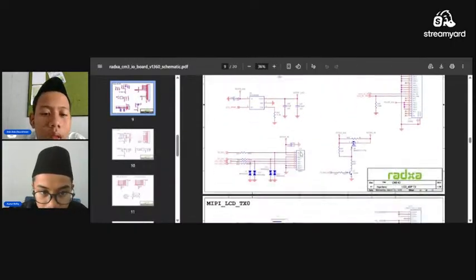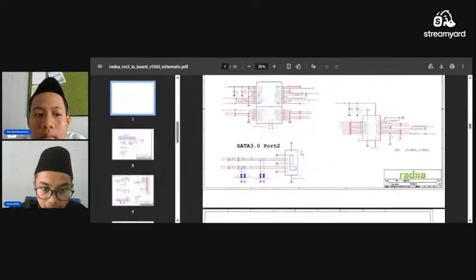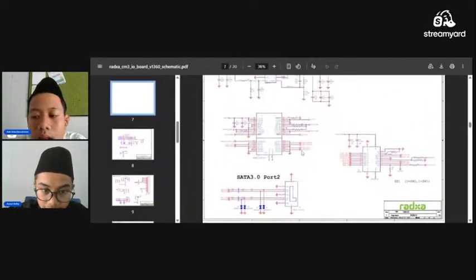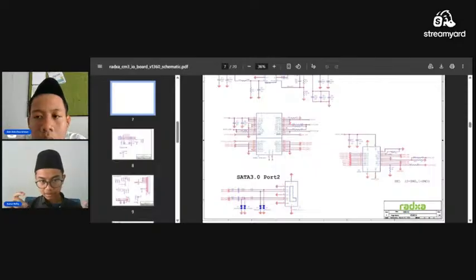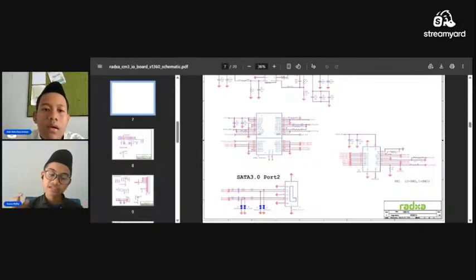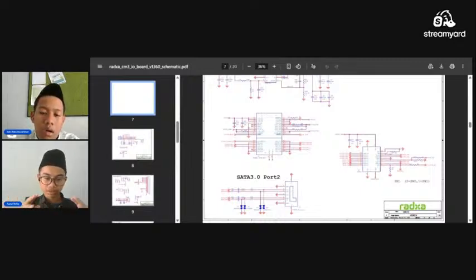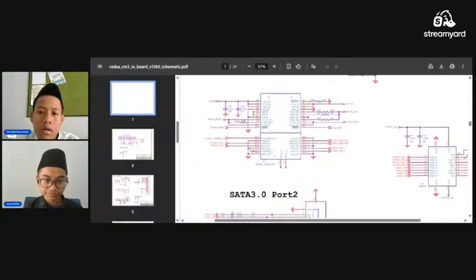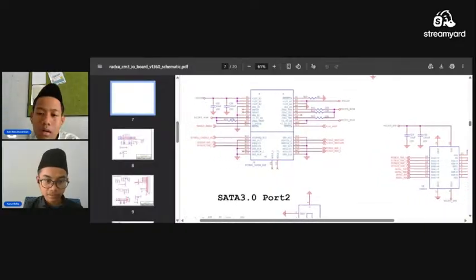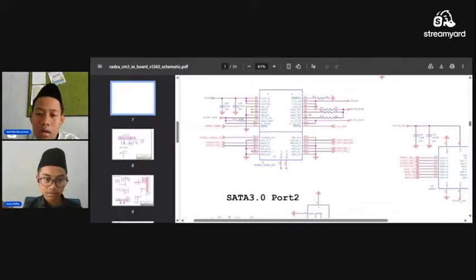Oh, and here it is. So the PCIe is also high speed serial communication, so you also need differential pairs. As you can see here, there's a transmitter and a receiver.